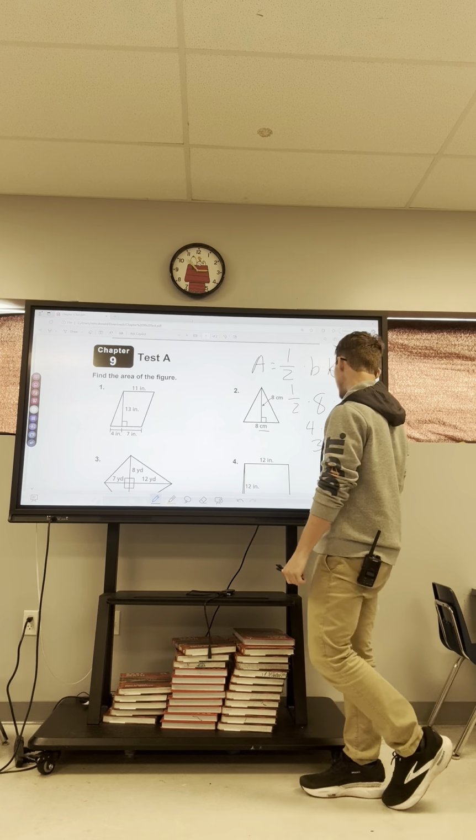Times 7 plus 1/2 times base is 16 as well, times 12. Again, what's easier to cut in half, 16 or the end result? I'd rather cut 16 in half. Or divide by 2, as I say to the students. 16 divided by 2 is 8 times 7 plus, again, half of 16 is 8 times 12.